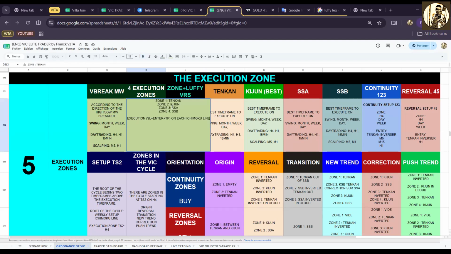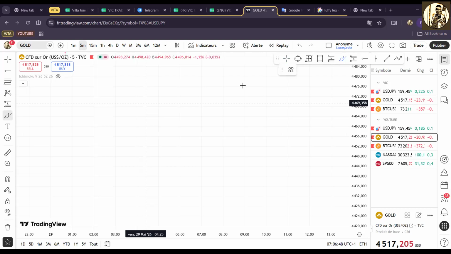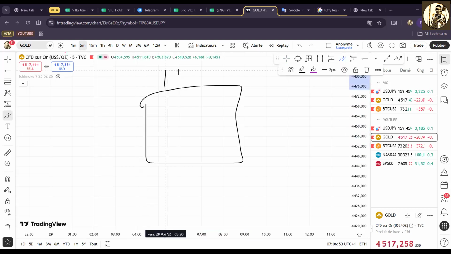The four execution zones are the four lines of Ichimoku: Tenkan for zone one, Kijun, SSA, and SSB. And what do I mean by execution zone, by the way? The execution zones are the fact that, when you go on MetaTrader 4, you will see the stop loss price that you need to enter, the entry price, and the take profit price.